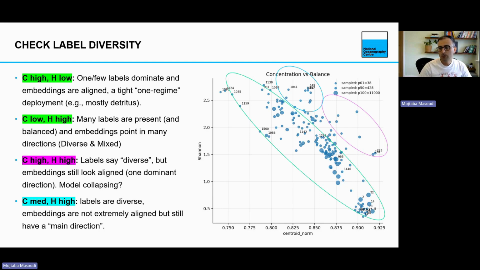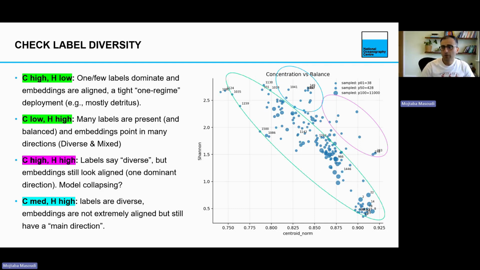But there are two types of deployments in the data as well. One is when the labels say diverse, but the embeddings still look aligned, the purple circle deployments. That might be one dominant direction in the data, or the model might get the label wrong, model collapsing probably.